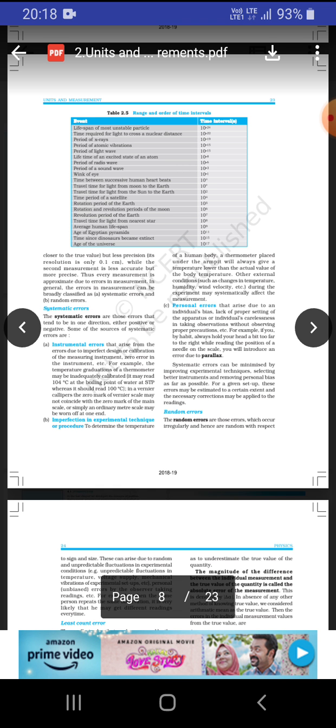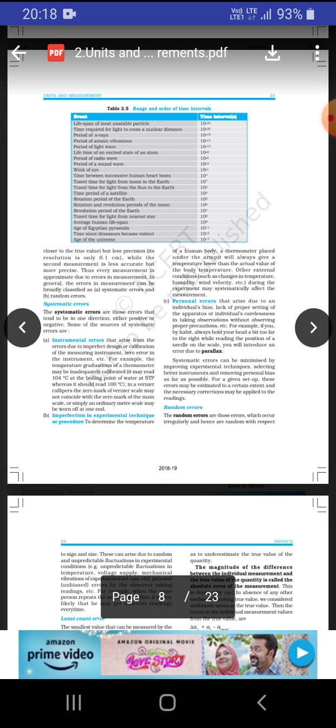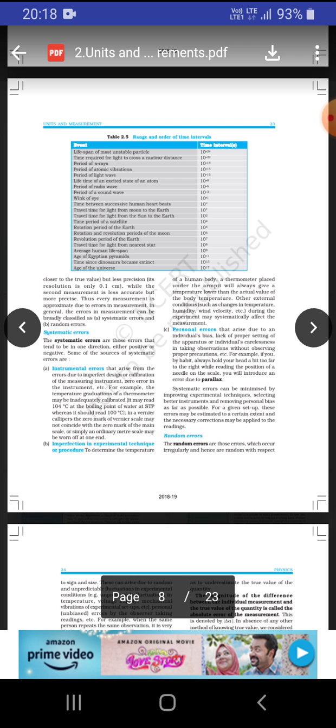For example, a thermometer placed under the armpit will always give a temperature lower than the actual body temperature. Other conditions like temperature and humidity during the experiment can also systematically affect the measurement. And personal error arises due to individual bias, lack of proper setting of the apparatus, or small personal mistakes.